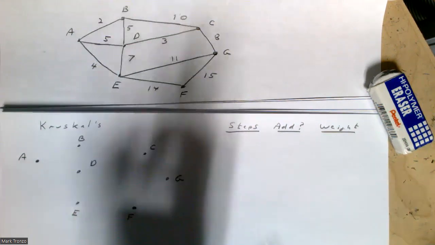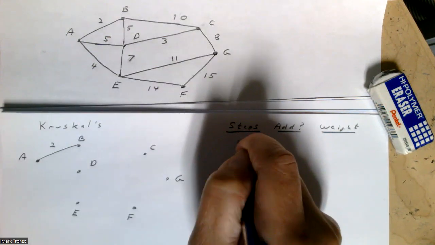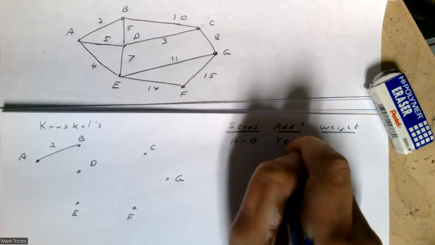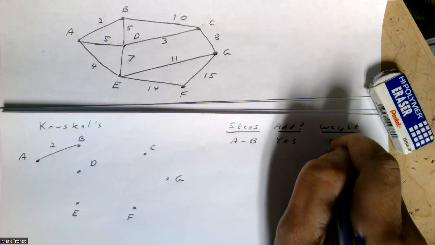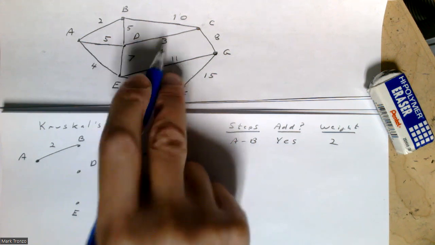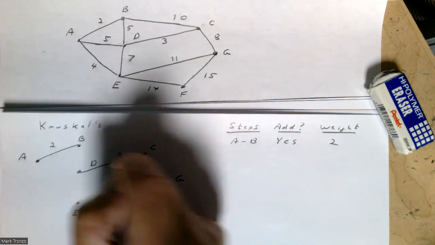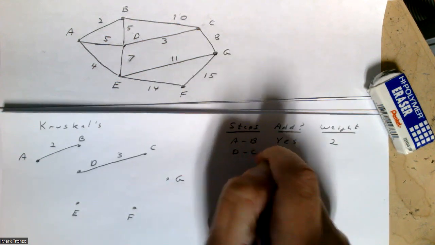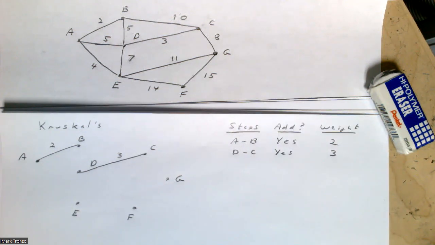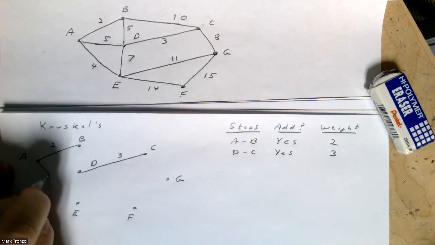And the smallest edge, it looks like this 2. We added that on. Then go to the next smallest. It looks like that's this 3. And go to the next smallest, which looks like that's this 4.